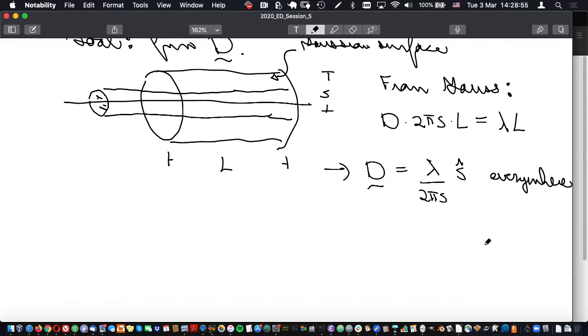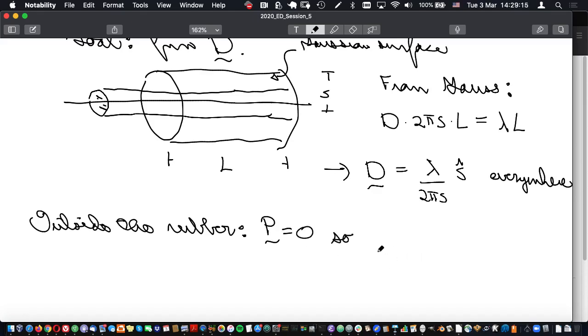So outside the rubber, we know that the polarization is equal to 0.